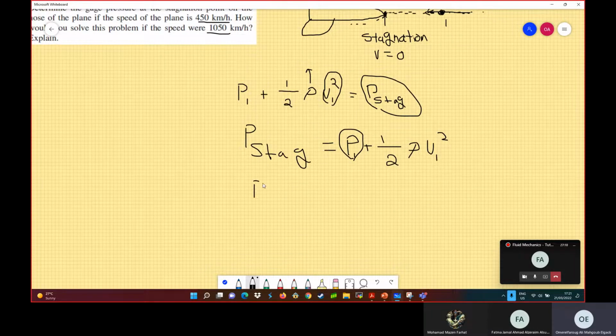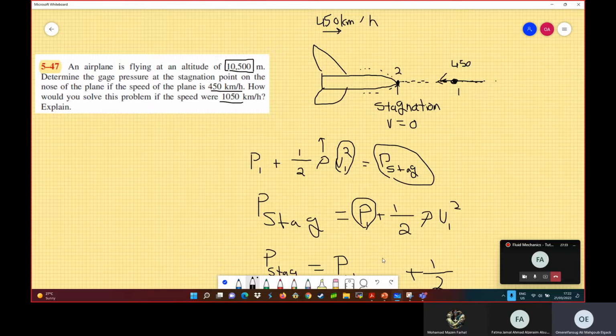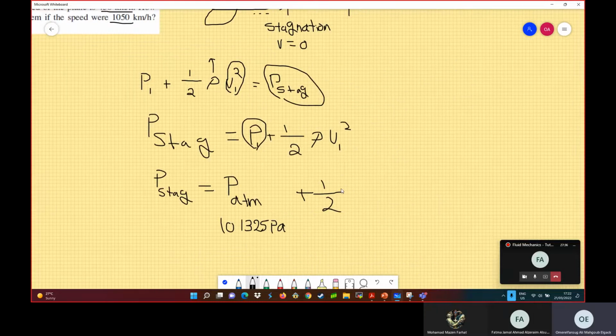So we have P stagnation is equal to the atmospheric pressure, P ATM, which is equal to 101,325 Pascal, plus half the density. I'm not sure how much the density is at that elevation, but you can check it on the internet. Assume it's 1.2.